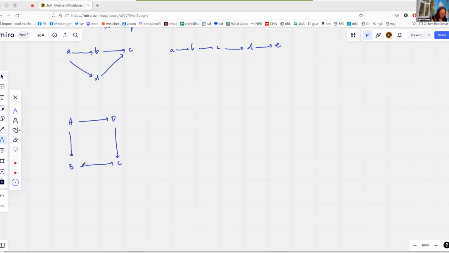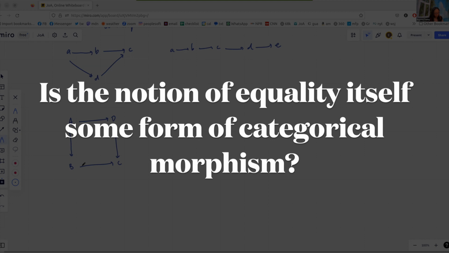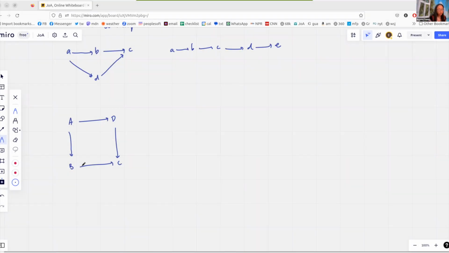So the next question is, in the context of associativity and the existence of an identity, we are using the notion of equality in order to impose constraints. Is this notion of equality itself some form of categorical morphism? Oh, very good. So this is a question about equality between morphisms.